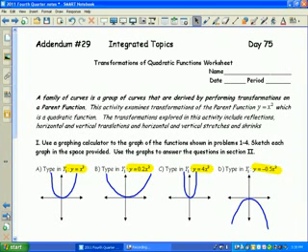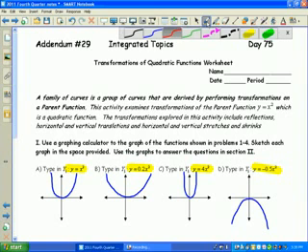So we went a little bit further. But this time we're looking at quadratic functions graphically. How can we find an equation that's going to represent our quadratic functions? One of the things that we mentioned is that we have what's called a parent function.